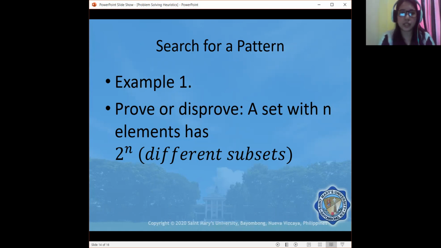Let us consider an exploration, for example, where n is 0, n is 1, n is 2, and n is 3. We are going to identify if the pattern will result in 2 raised to n.